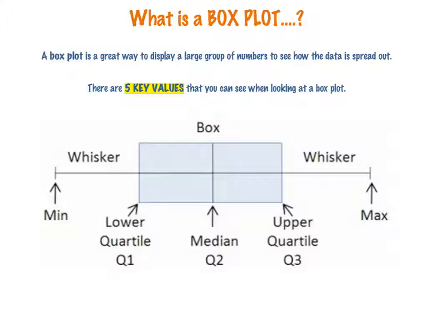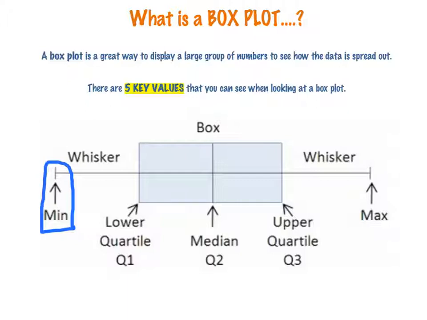What in the world is a box plot? A box plot is a great way to show or display a large group of numbers and show how they are spread out. There's also 5 key values that you can see when you look at a box plot. The first value you'll be able to identify is the minimum or the lowest value.